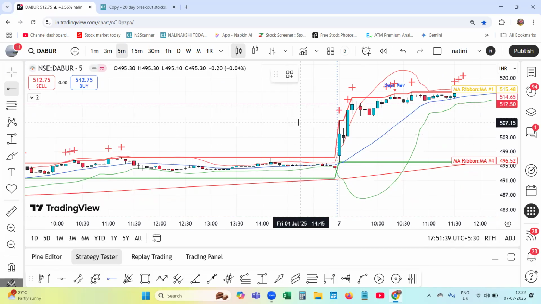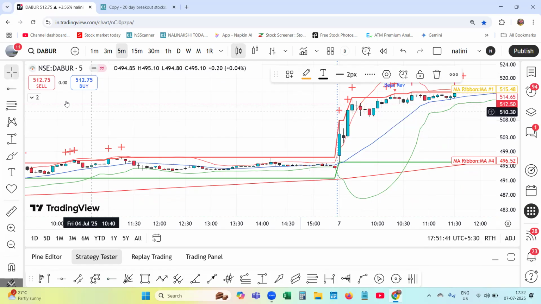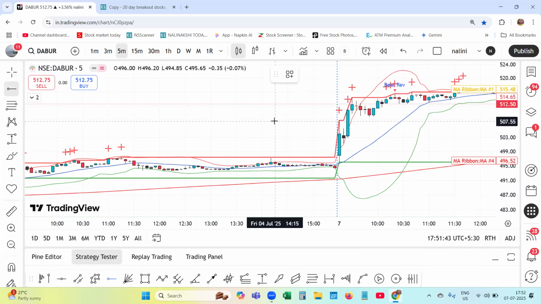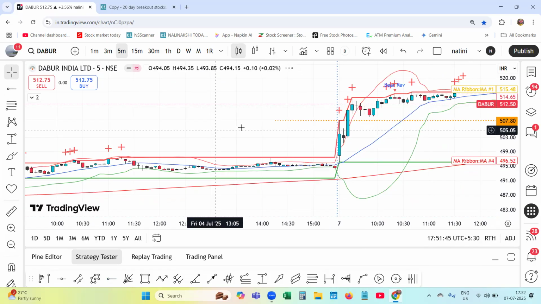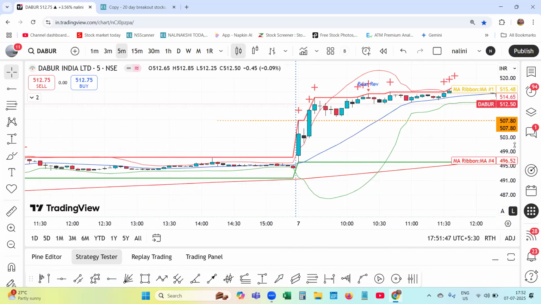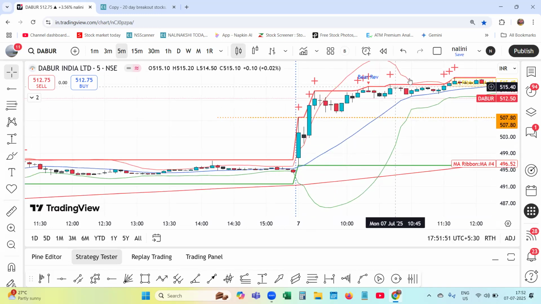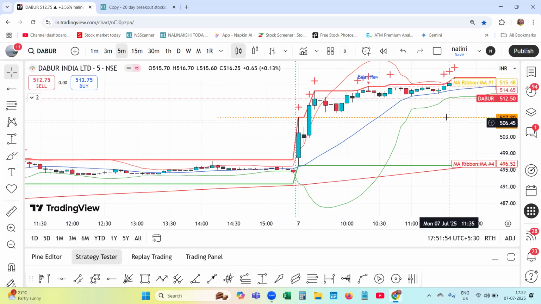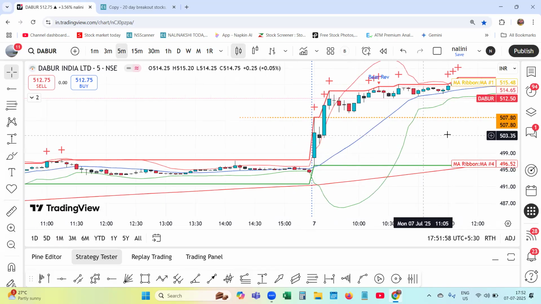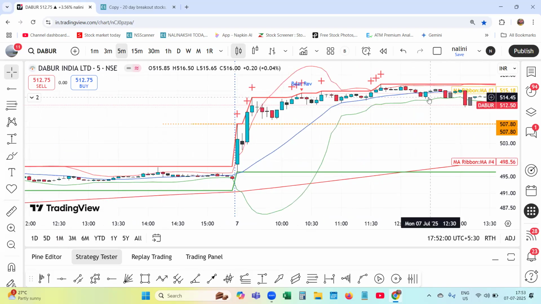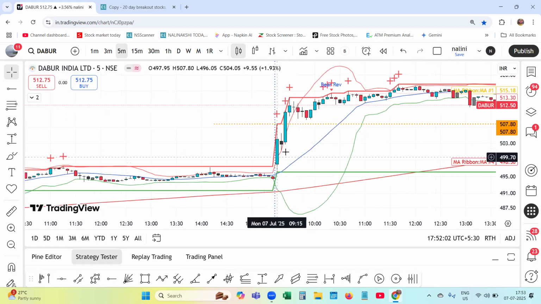Suppose even if you cannot enter into this, if you are late, you can enter here into the retracement. From there, it has moved higher. From 507, it went up to 570. Okay. Here you could have entered.